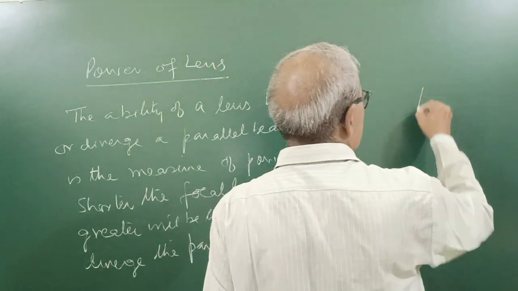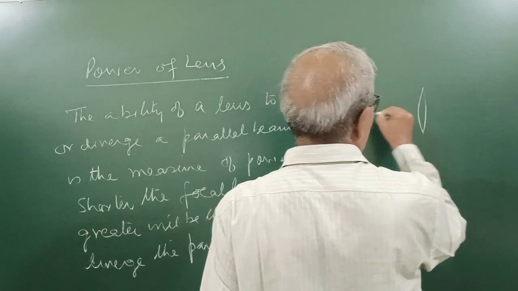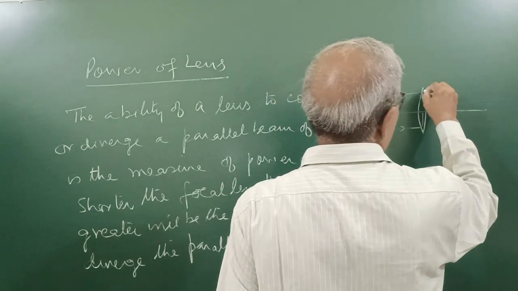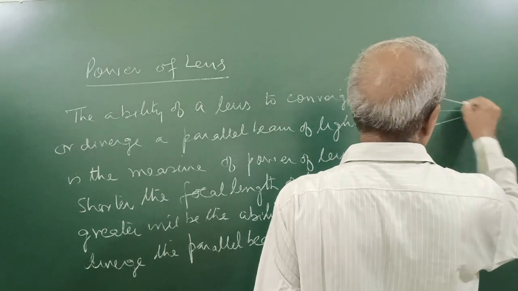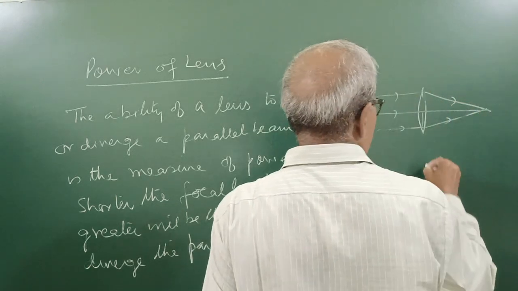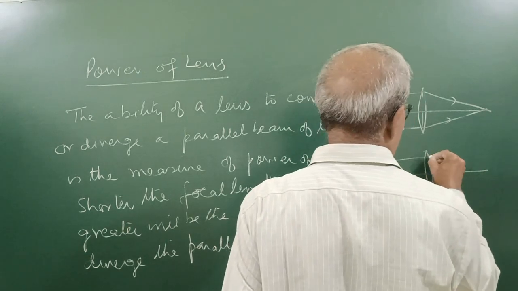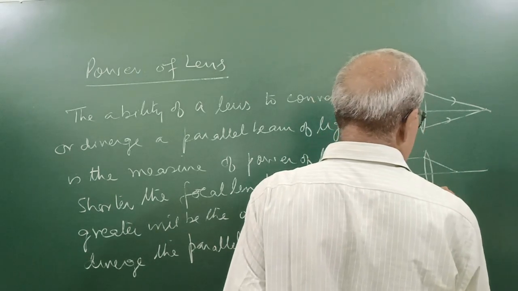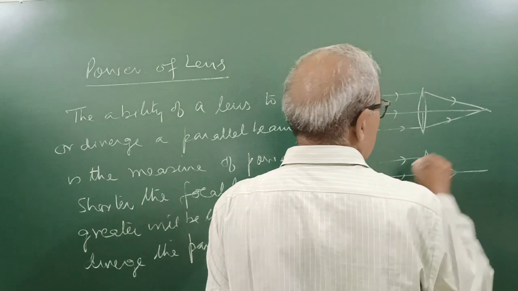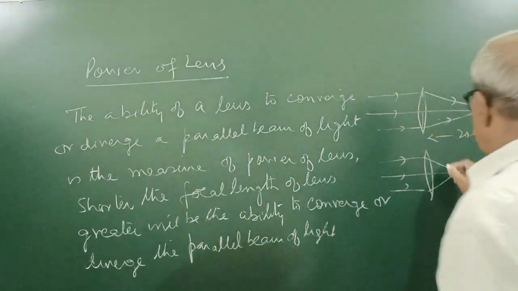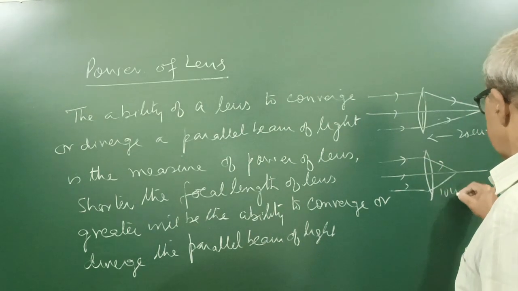Let us see now. Suppose this is one lens. It converges here at a distance of 20 centimeter. And this is another lens. It converges here at 10 centimeter.